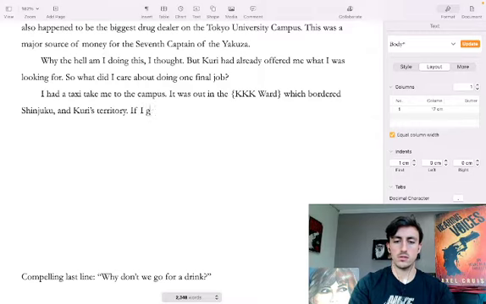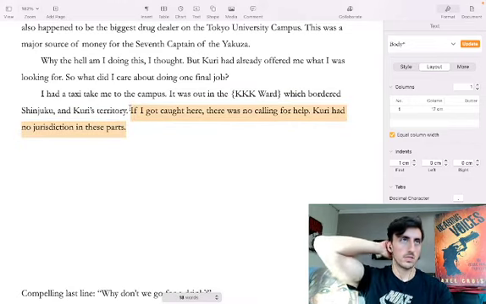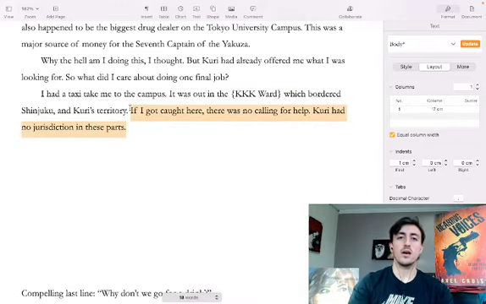Something like, if I got caught here, there was no calling for help, right? Curie had no jurisdiction in these parts. That in itself is a very important type of line to have, because it implies the danger, right?